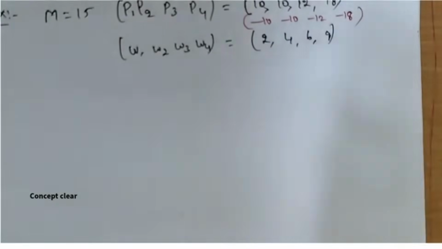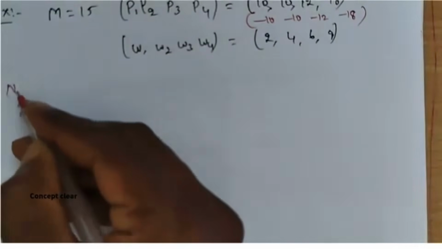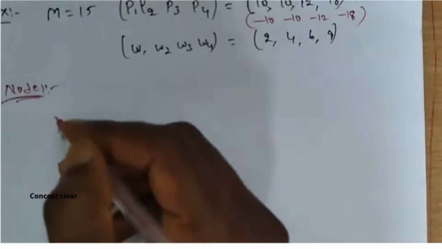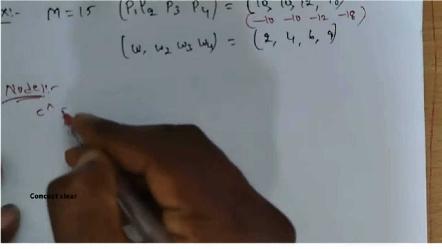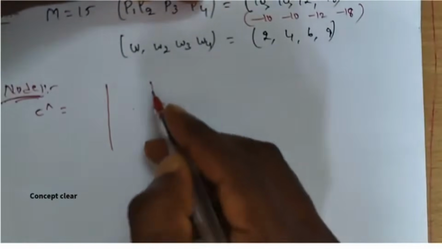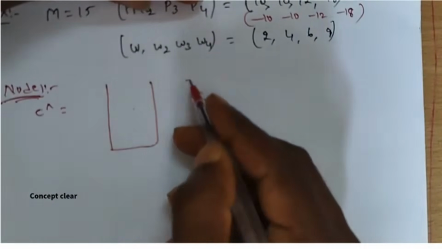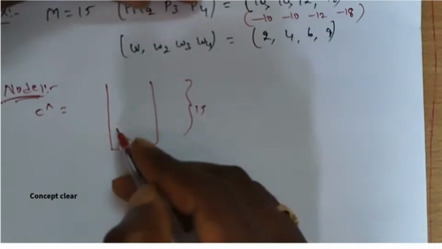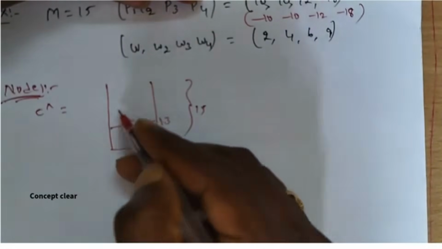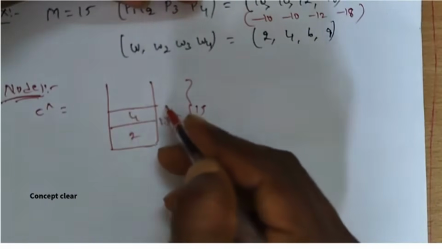After that, for node 1, we have to calculate the lower bound value. How to calculate it? Same diagram, same as previously. Total capacity is 15. First object is 2, so pending is 13. Second object is 4, pending is 9.